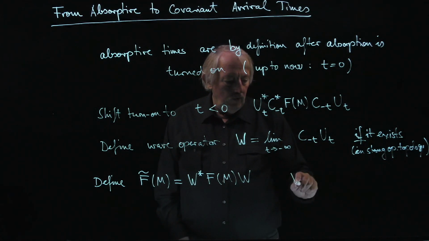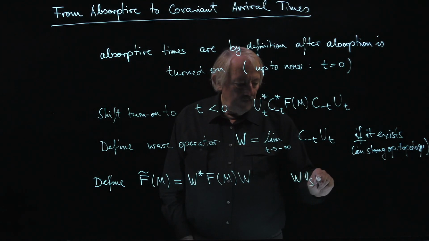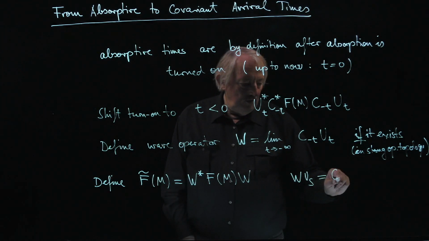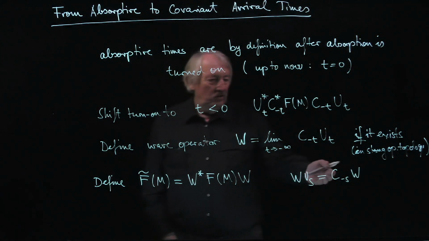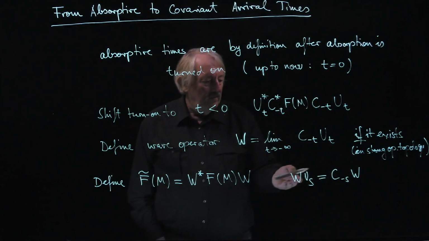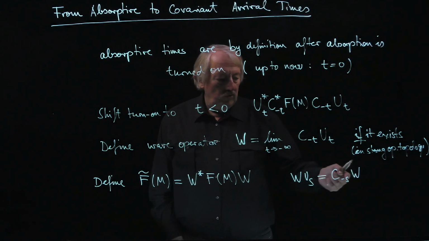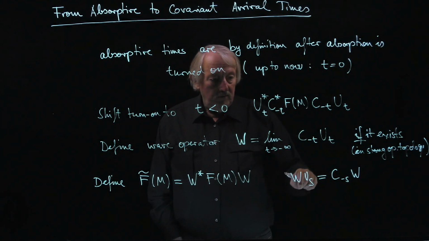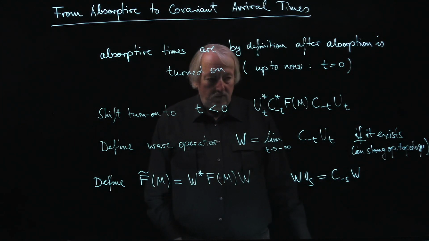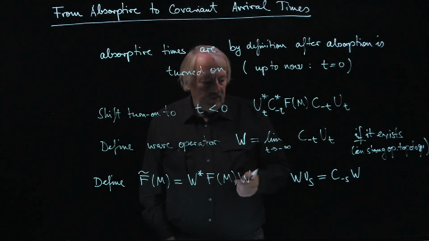So we actually have always the property that W U_s is equal to C_{-s} W, for the times for which this is defined. So you have an intertwining relation for such a limit between the two time evolutions. So the wave operator actually maps you from the free time evolution to the contractive one. That's inherent in this definition.